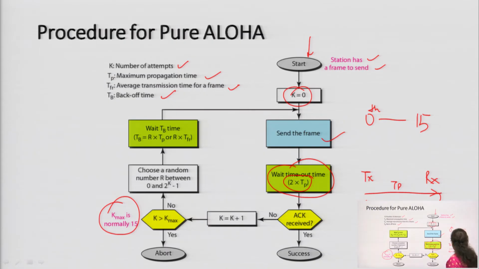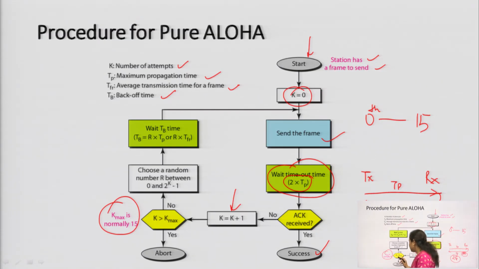Then in the reverse direction the acknowledgement has to be transmitted. Then it will check whether the acknowledgement has been received or not. If the acknowledgement has been received, then there is success, meaning the frame has been transmitted and received at the receiver side. If no acknowledgement has been received, then it has to make the next attempt, that is K = K + 1.